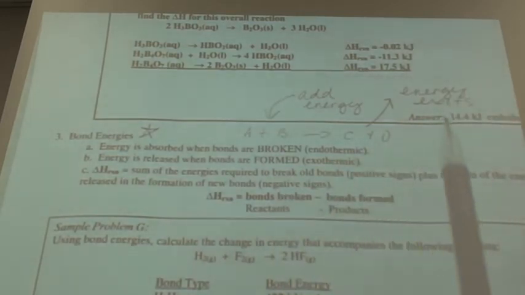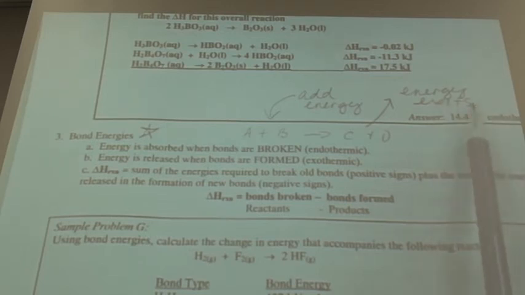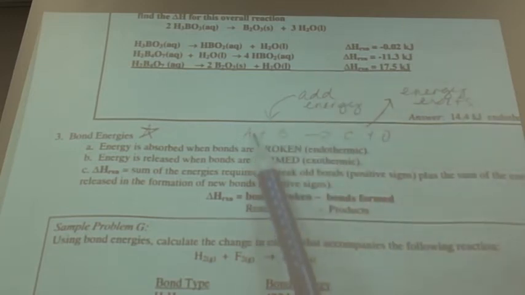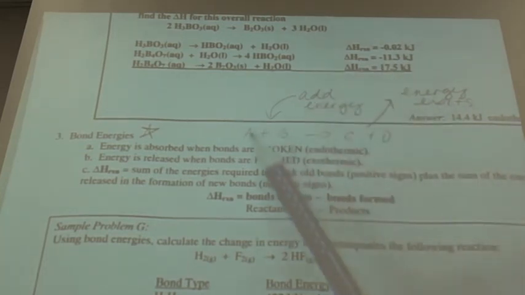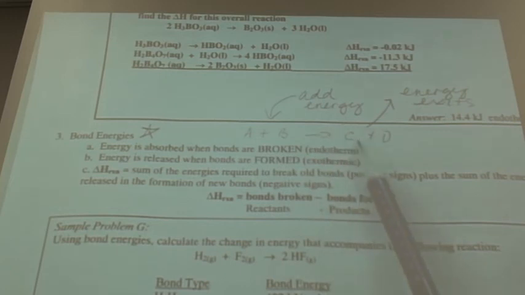Okay. If more energy is released when the bonds are formed than it took to break the bonds in the reactant, then the entire delta H of reaction is exothermic. Do you get that? If I had to add more energy to break the reactant's bonds than was liberated when the product bonds were formed, it would be an endothermic reaction.